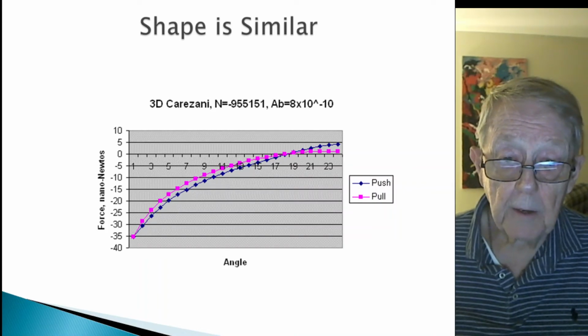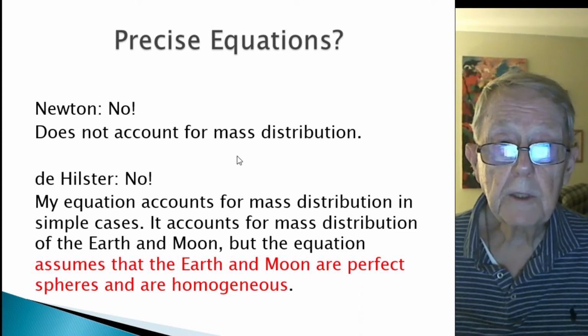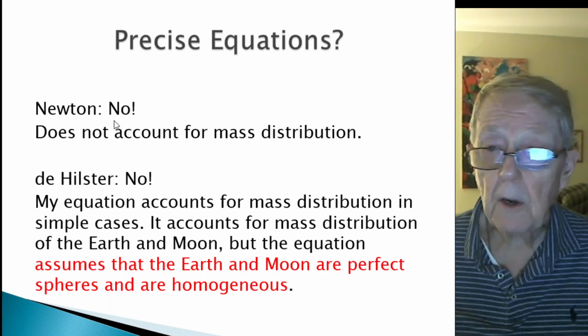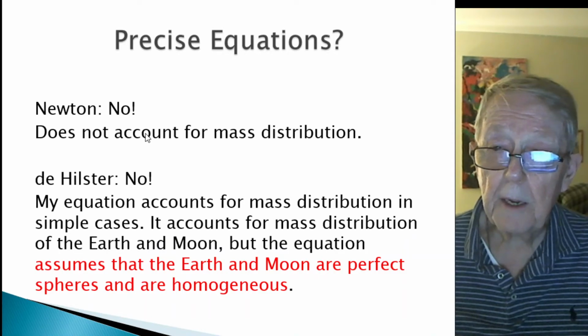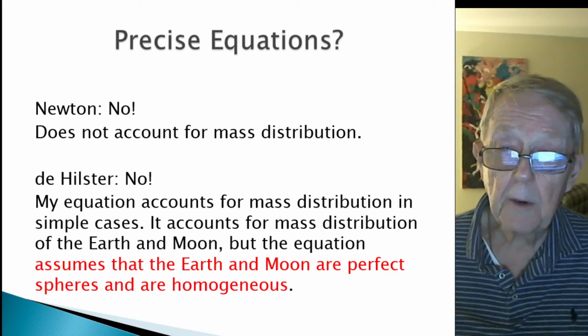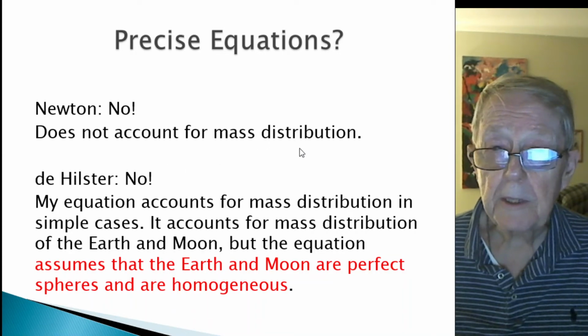Okay, and so let's talk about whether these equations are precise. Newton said no, he wasn't convinced that it was precise, and in particular, when he comments about the tree, the apple, and the earth, he's talking about mass distribution. He didn't say that.